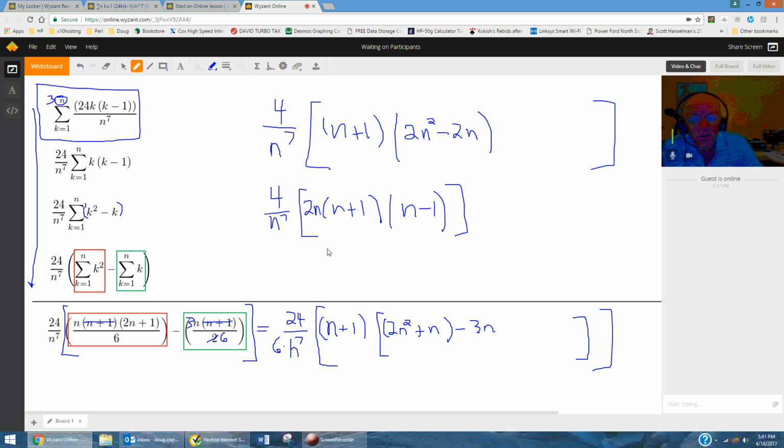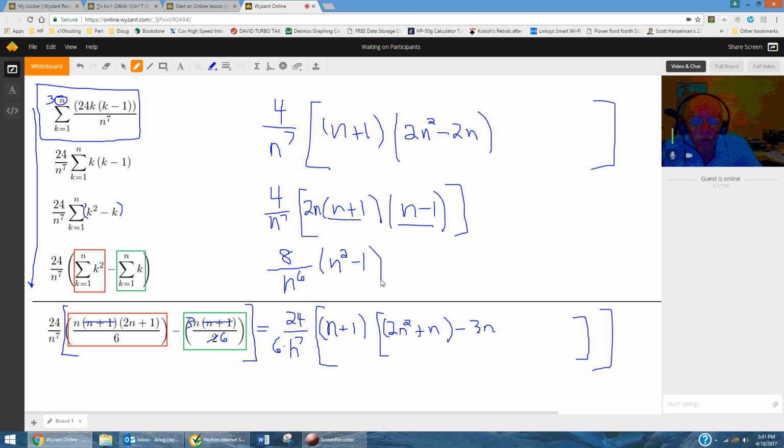And now I'm starting to see that I can take this 2 times the 4 is 8. This n here will cancel out with one of the n's in the n to the 7th denominator and become n to the 6th. And n plus 1 times n minus 1 is n squared minus 1.